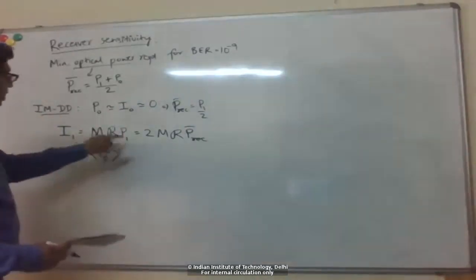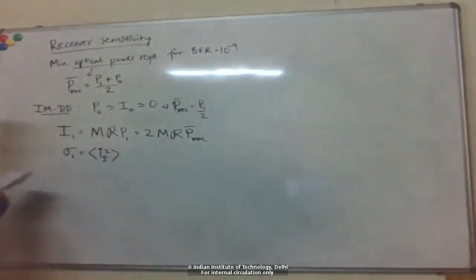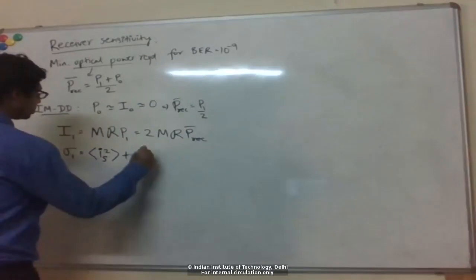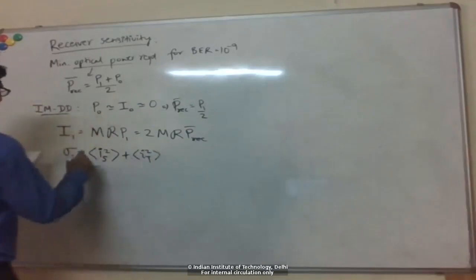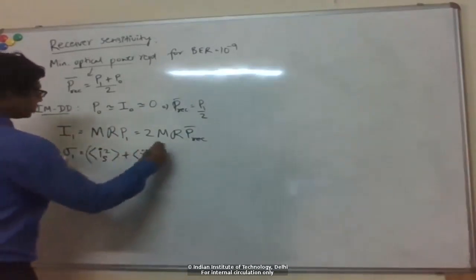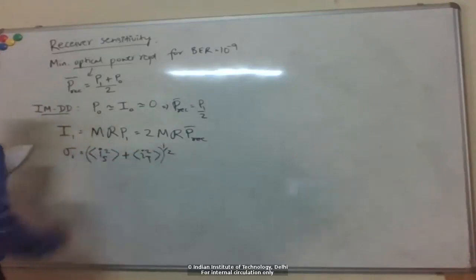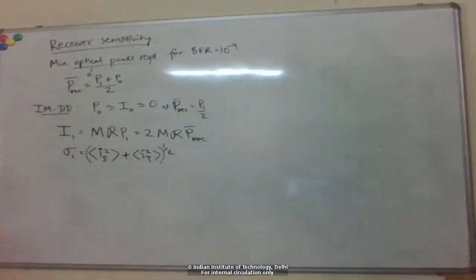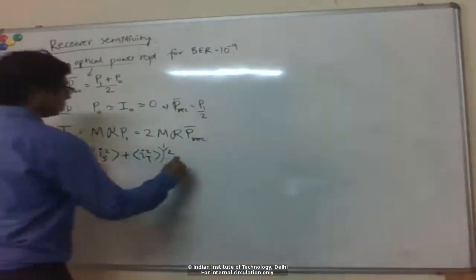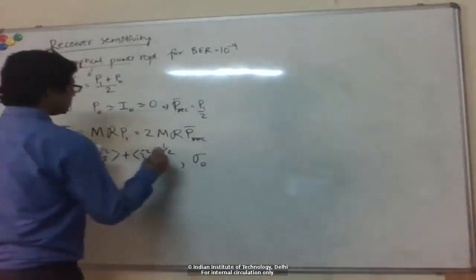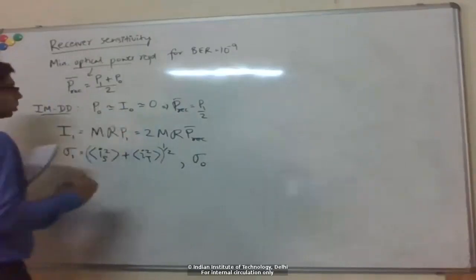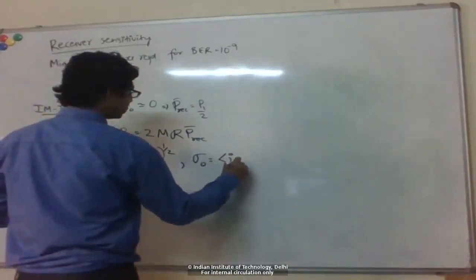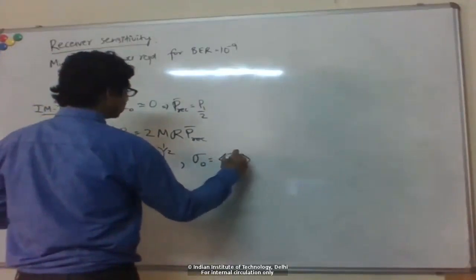Because the power or the photocurrent is non-zero, and of course thermal noise current, and so for the standard deviation we'll take the square root because these are variances, right? And for bit 0, since we don't have any optical power or photocurrent, then we only have the thermal noise current.